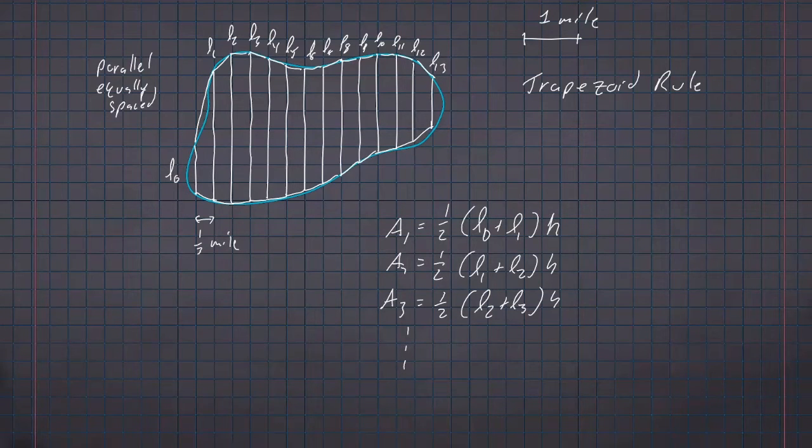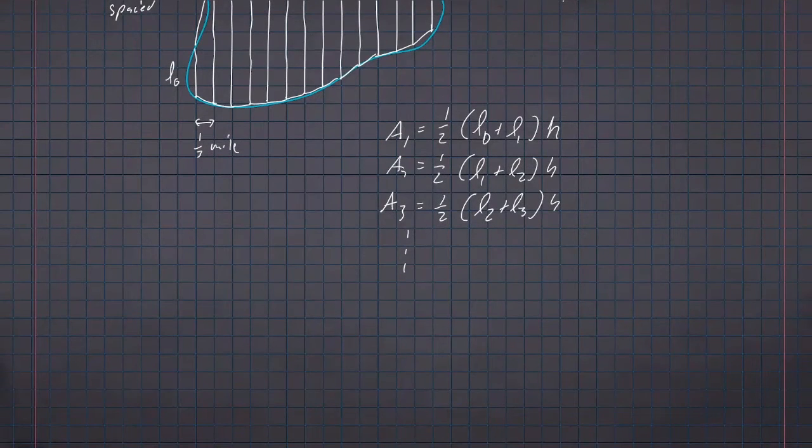In order to calculate the total area of the lake, I simply want to add all of these things together. The total area of the lake is the area of the first trapezoid plus the area of the second trapezoid. And we had 13 total trapezoids, so this will go all the way to A13.